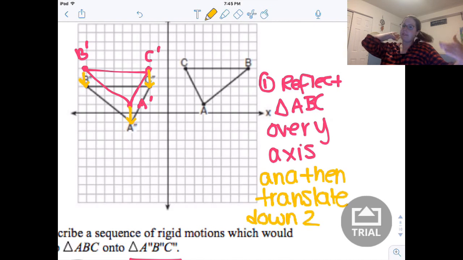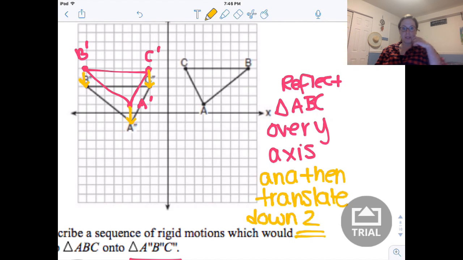A prime map to A double prime. Because this is on a coordinate plane, sometimes they're not as picky about it. And so this would get full credit here. It's on a coordinate plane. You described it fully. You didn't need to include the vector there because I have a defined coordinate plane and I know it's down 2 boxes. But if you include the vector A prime, A double prime, or you include the mapping, that's fine. Okay? So that would be my transformation there.